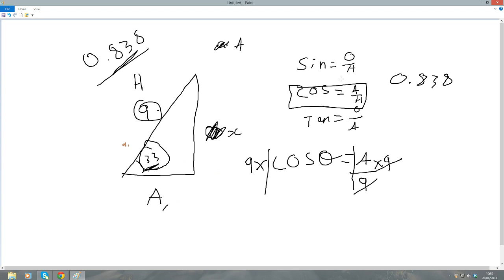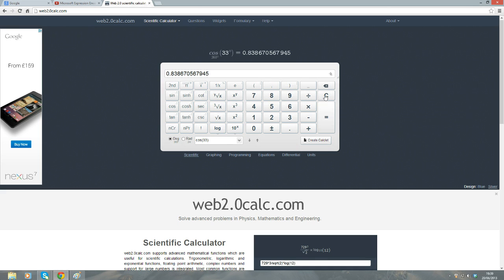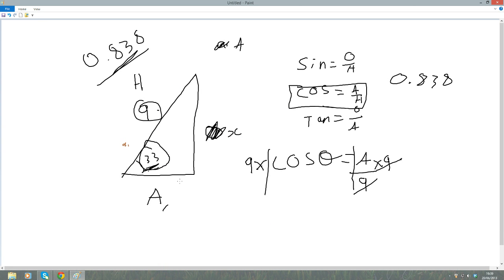So then what we do with that is, because we have this times 9, we times it by 9. So it's 9 times 0.838. Or from there you just go times 9. 7.54. And then this side we write 7.54. And that's basically a very basic trigonometry question.